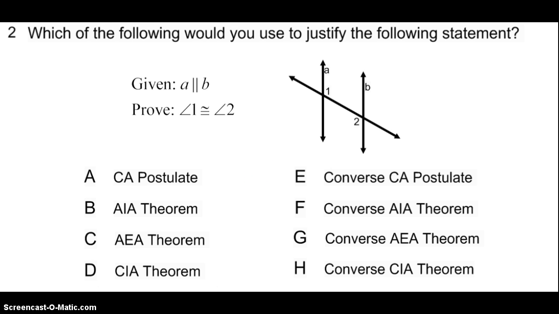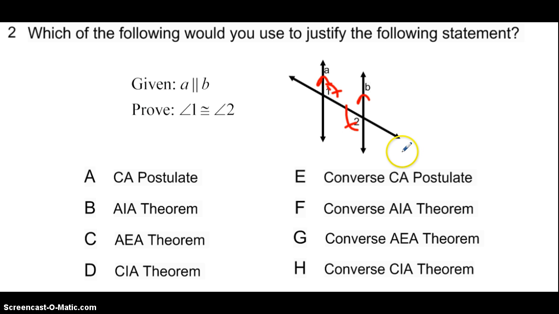Now, if we look at another example where we're given that A is parallel to B, and we want to prove that angle 1 is congruent to angle 2. So here we're given these are parallel, all right? Well, if two parallel lines are cut by a transversal, then what do we know? We then know that angle 1 is congruent to angle 2.